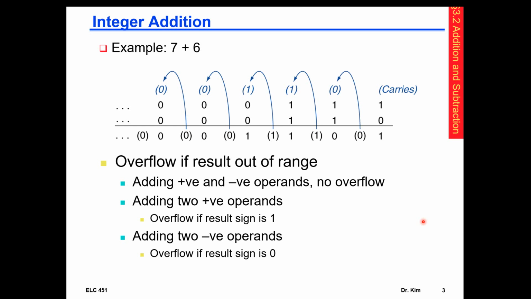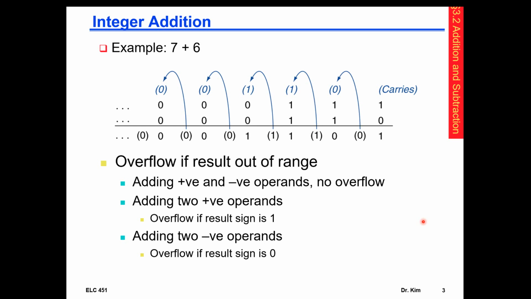So that is the definition of the condition. So when can that occur? Well, certainly if we are adding a positive number and a negative number, meaning that we're really doing a subtraction, the result is going to be smaller than the operands. So we're guaranteed not to have an overflow.